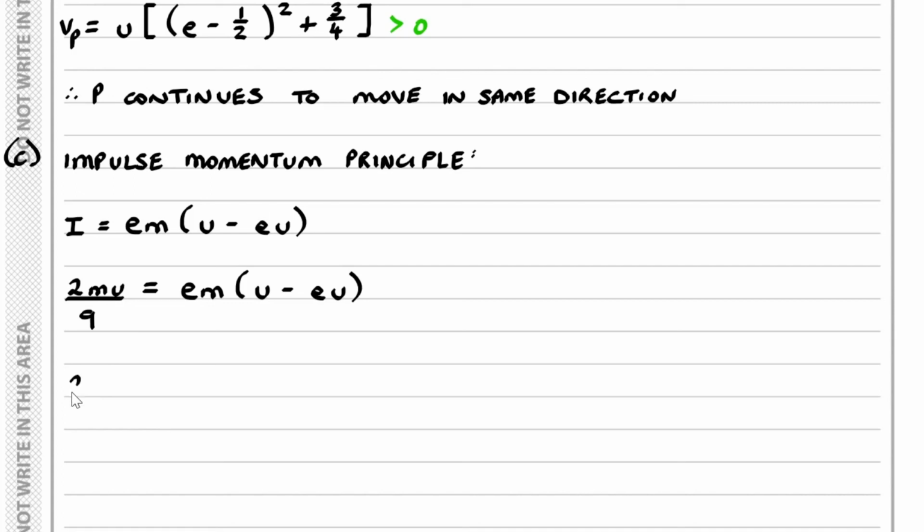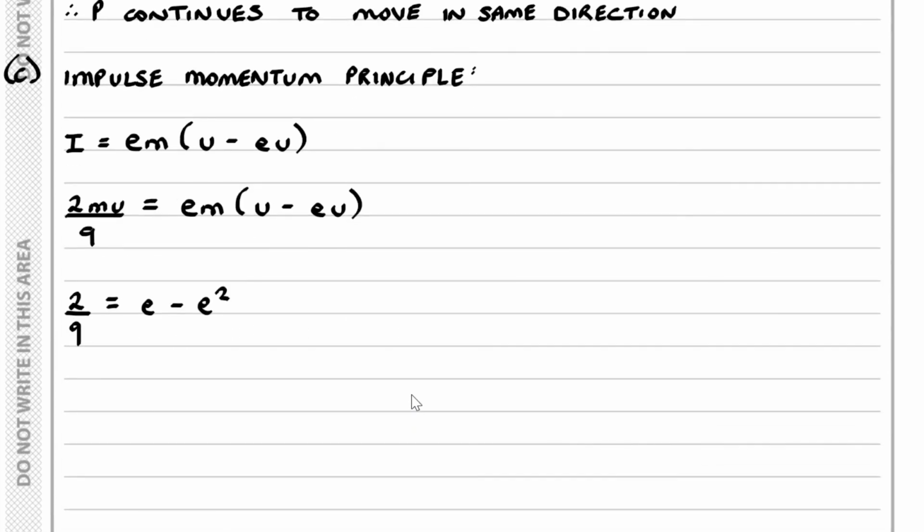And noticing that the m's and u's cancel out, we are left with 2 over 9 equals e minus e squared, which I can write as 9e squared minus 9e plus 2 equals 0.